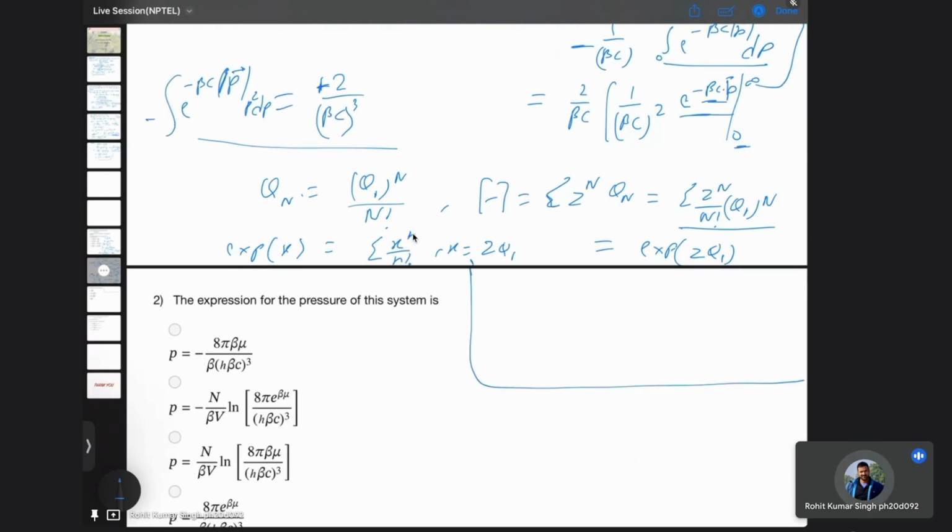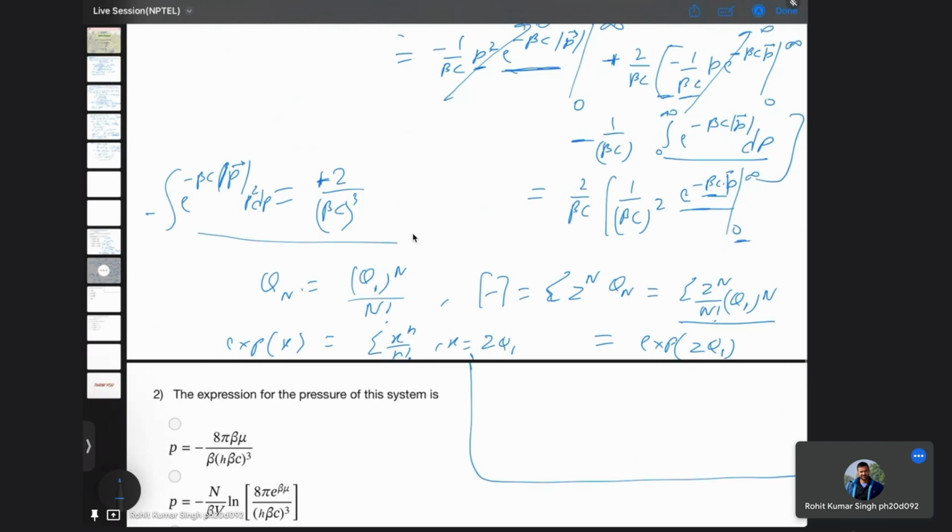So finally, you can write it as exponential of 8 pi v e to the power beta mu, the fugacity, divided by h beta c whole cube, right? Because z is equal to e to the power minus alpha, which is e to the power beta mu.